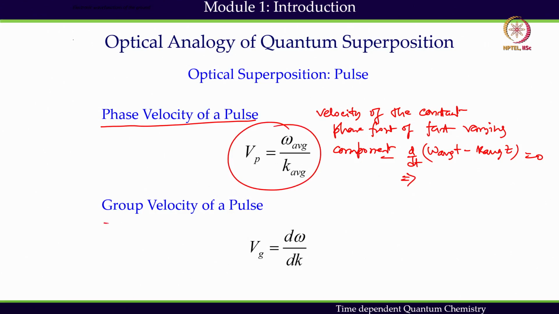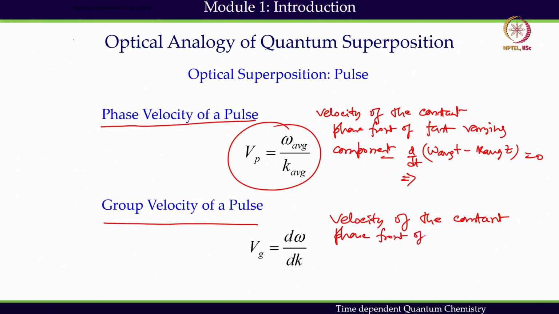On the other hand, group velocity of the pulse, what does it mean? It means that the velocity of the constant phase front of the envelope or slowly varying component.